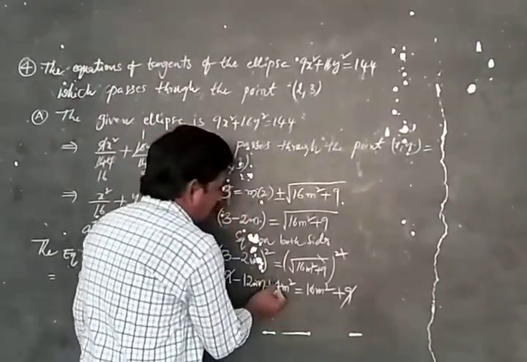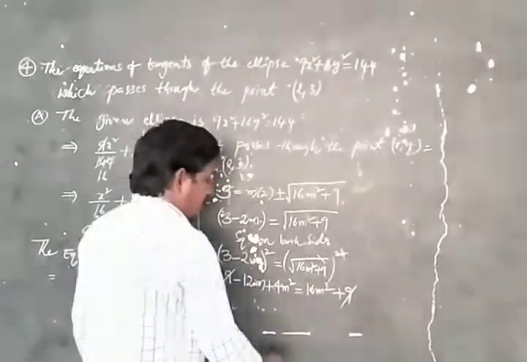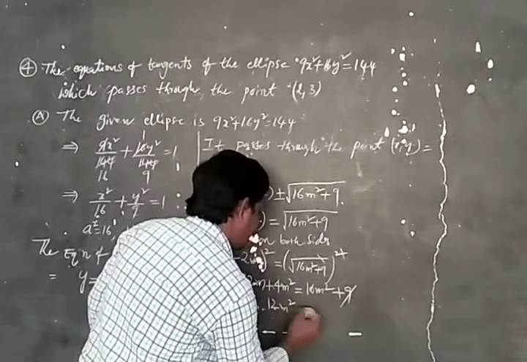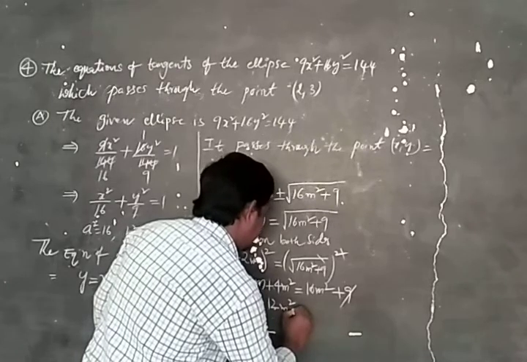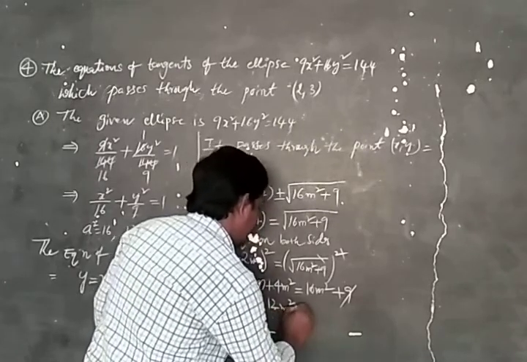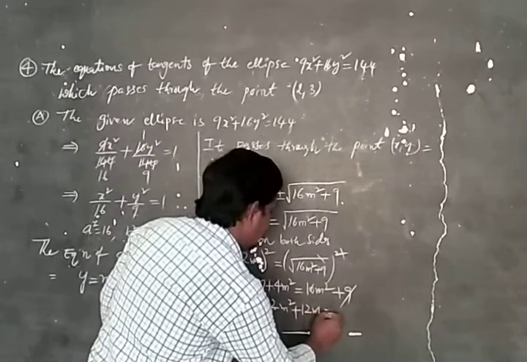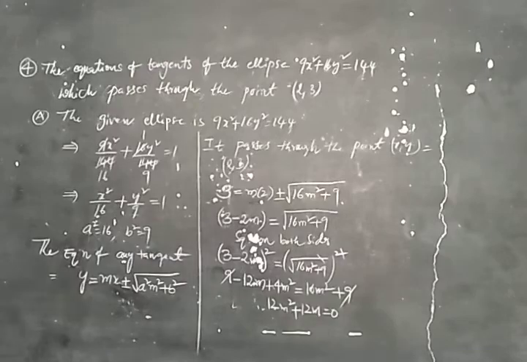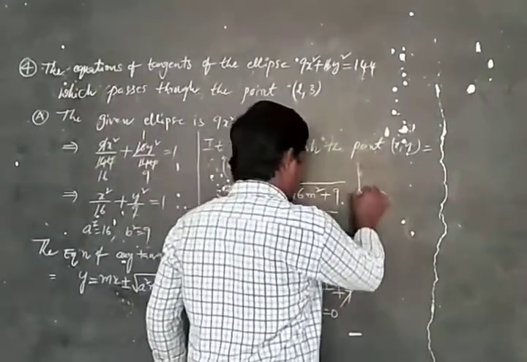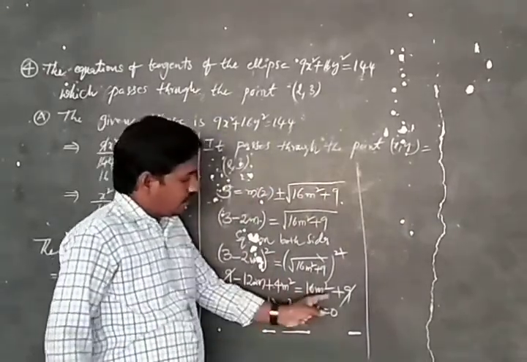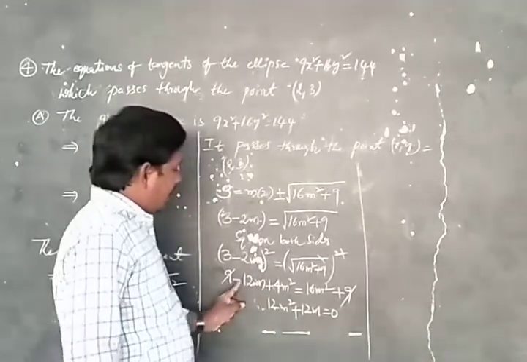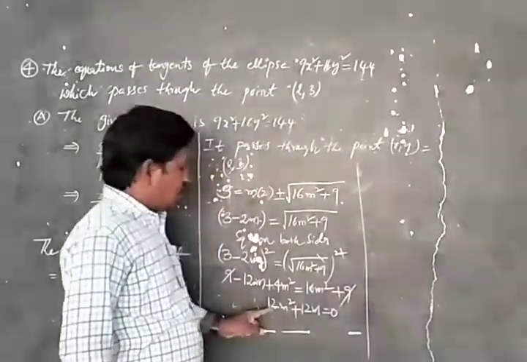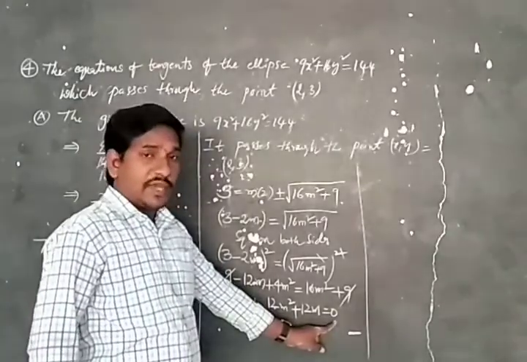By the transposition, 4m square minus 16m square gives 12m square, and with minus 12m moved across it becomes plus 12m equal to 0.